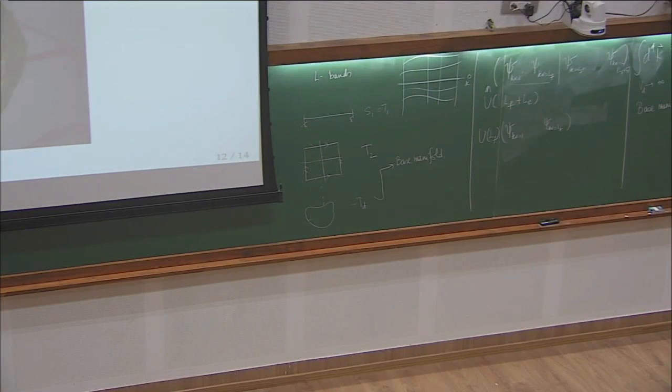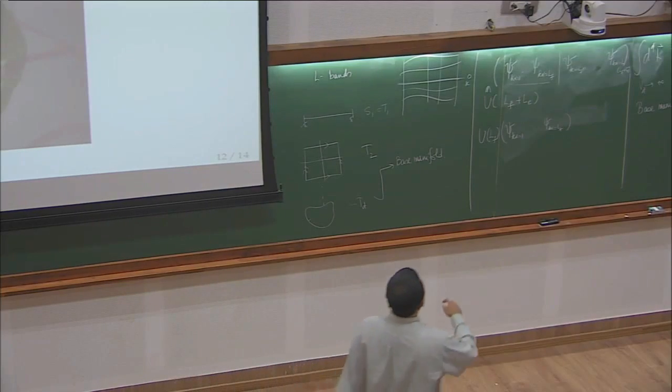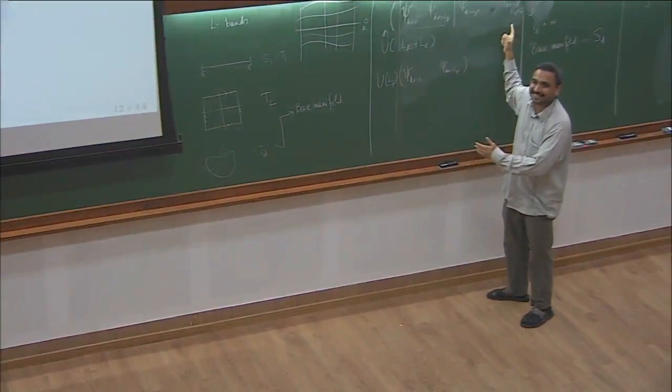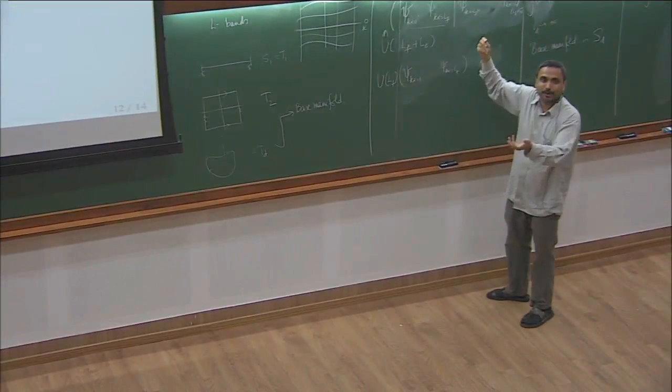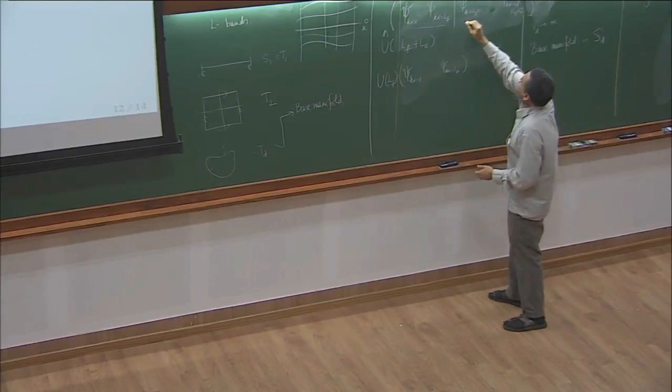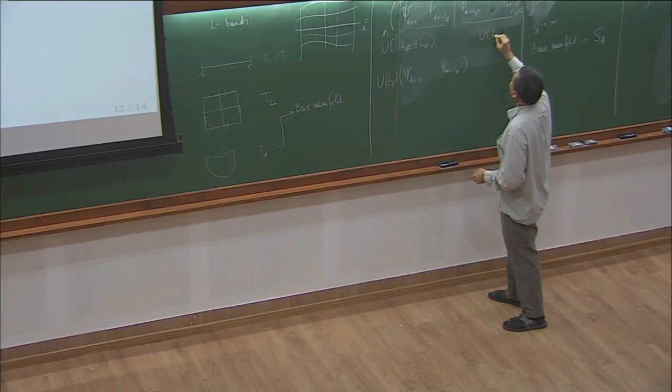This is the gauge degree of freedom I have. But then you'll realize, oh, I can do this. I can also rotate these guys by whatever I want. They're not going to be occupied, but I can rotate them. So there is something here which can also have U of L empty.